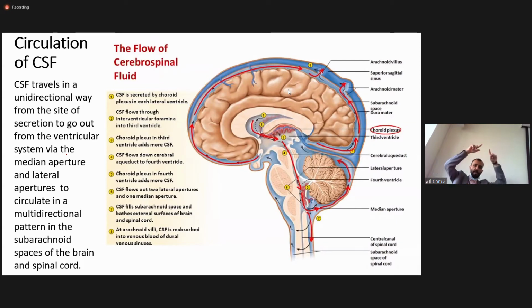Okay, then in the subarachnoid space, as you can see here, it's exiting into the subarachnoid space. It will travel down. Some will go down and some will go up, where they will be exiting through these structures here, which are called arachnoid villi or granulations, into the superior sagittal sinus.